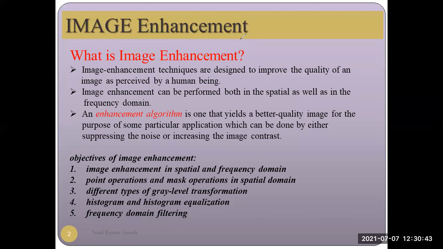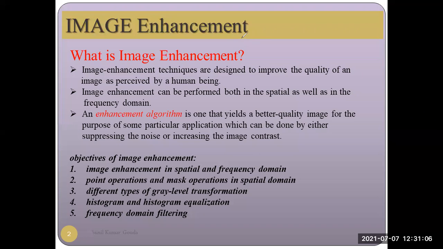Once we provide an input image, we perform image pre-processing, that means we have to enhance certain features of the image. Enhancing means removing the noise, improving the contrast, or improving the brightness of the image. These things are dealt with by image enhancement.